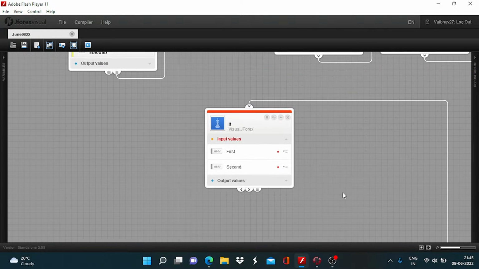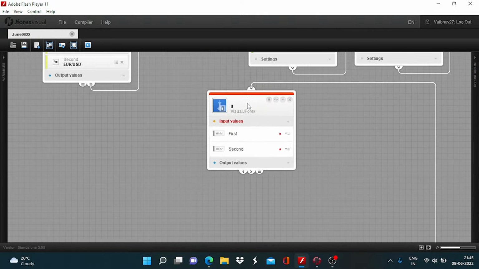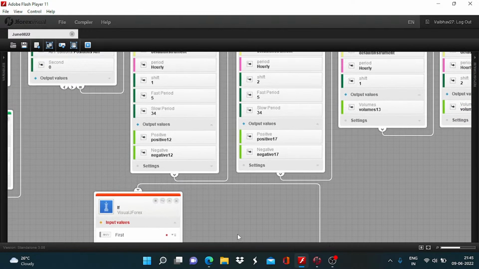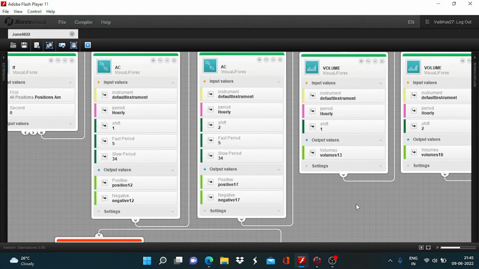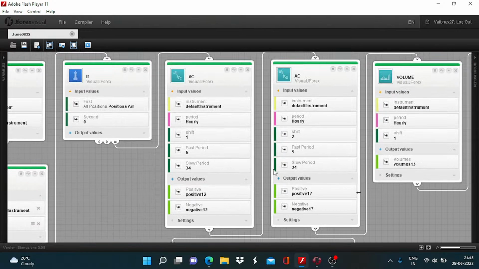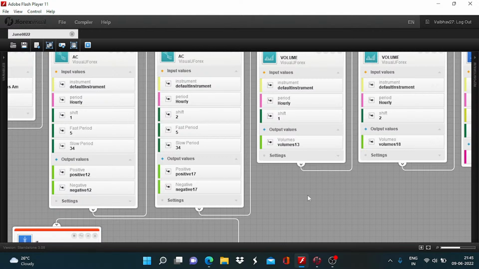Now we have to again utilize these values and compare this with the later hours output value for the acceleration, deceleration, oscillator, and the volume respectively.